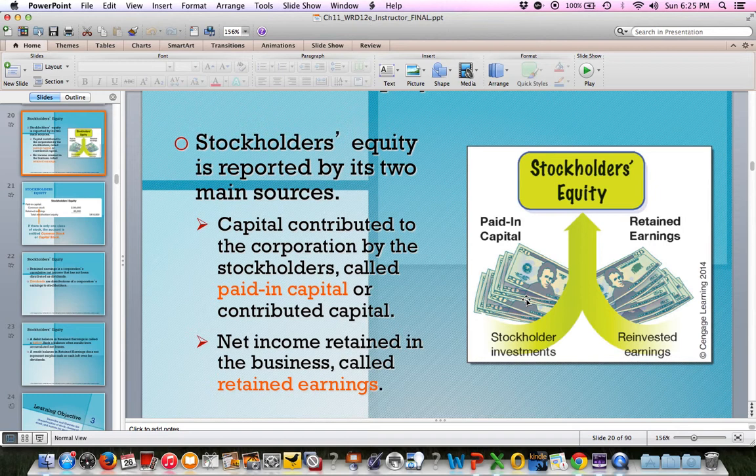Capital contributed to the corporation by stockholders, basically when stockholders buy shares, is called paid-in capital. And then as the company itself is profitable and makes money, and net income happens, that's called retained earnings. So paid-in capital comes from people buying stock, and retained earnings from the corporation itself being profitable.